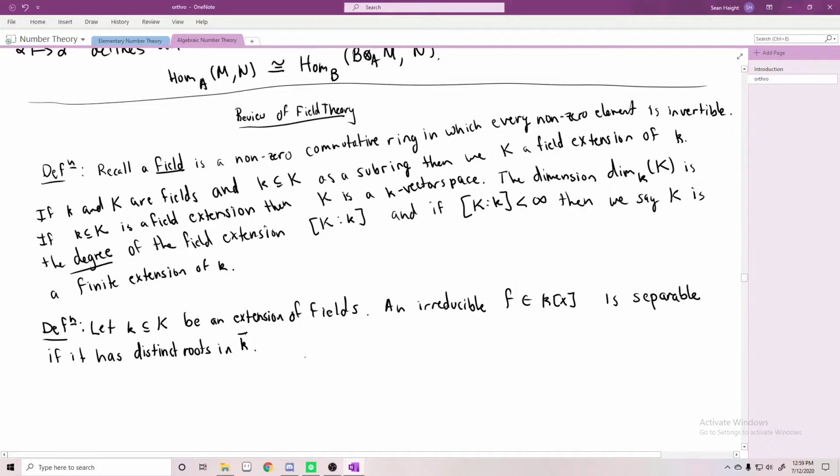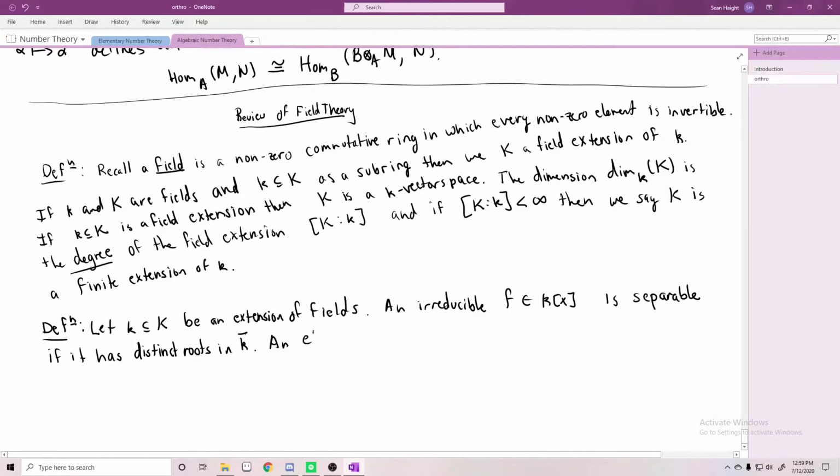An element. So maybe if I were going to be more complete, I'd tell you what the algebraic closure is. Essentially, all you really need to know about the algebraic closure is it's the smallest field over which all polynomials factor into linear terms. And I guess you should also know that they always exist.